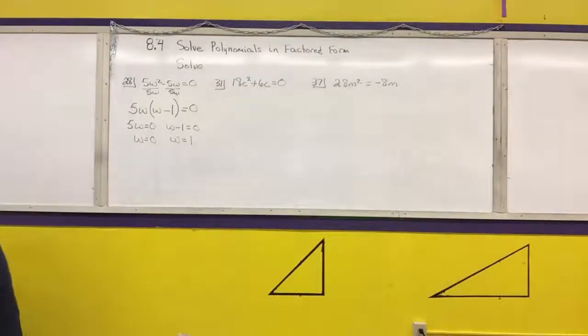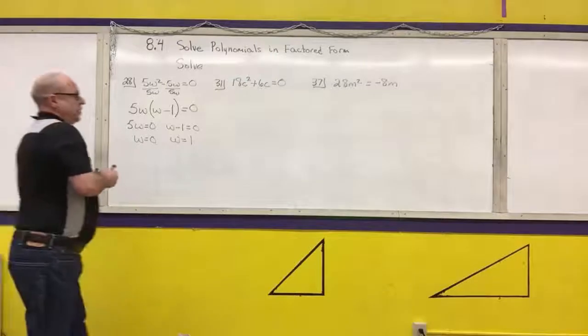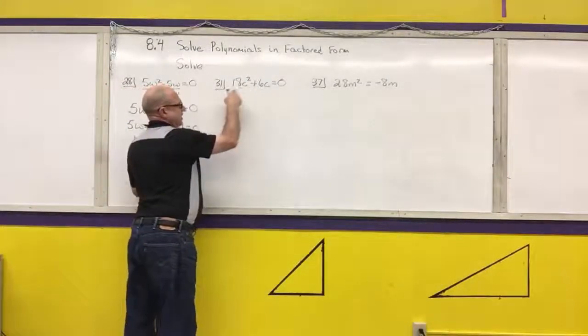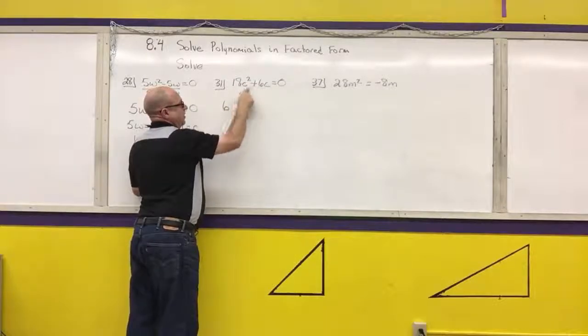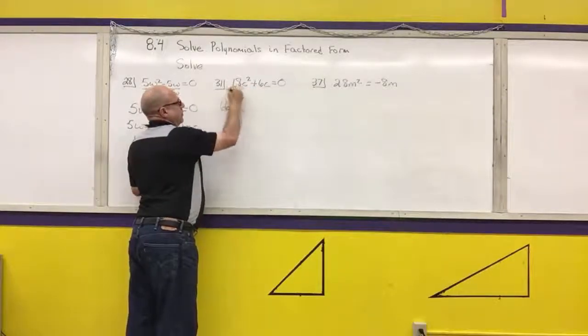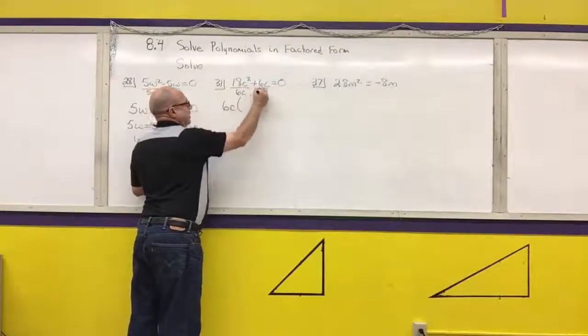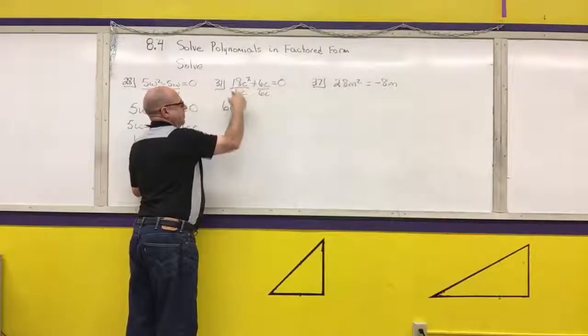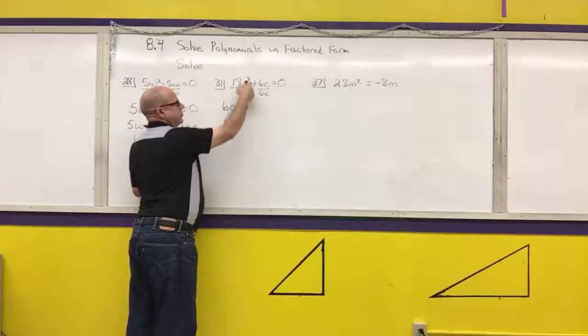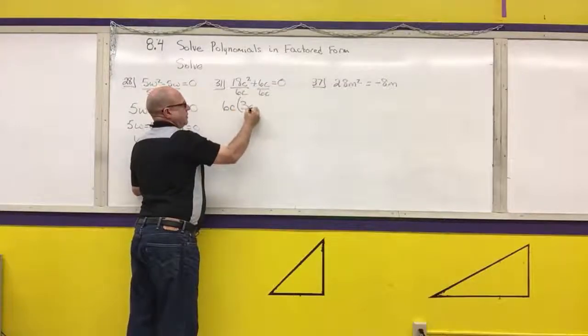For the next one, the greatest common factor between 6 and 18 is 6. Lowest power of c that appears in both is c to the first. Divide everything by 6c. 18 divided by 6 is 3. C squared divided by c is c. 6 divided by 6 is 1.